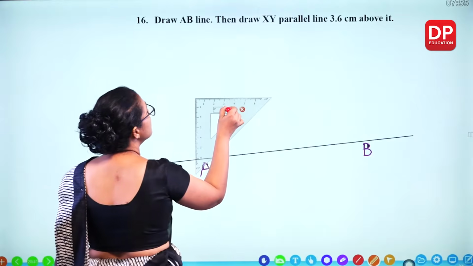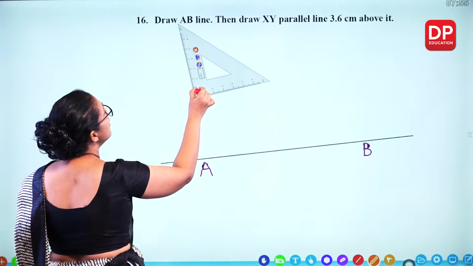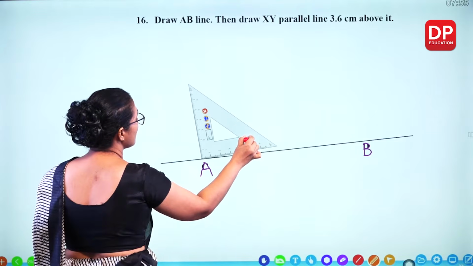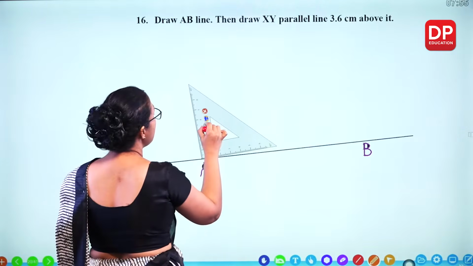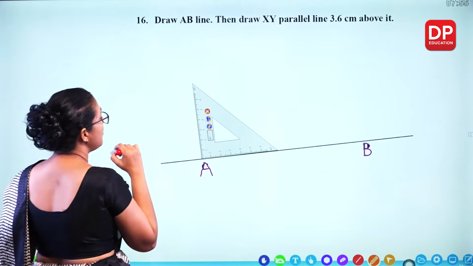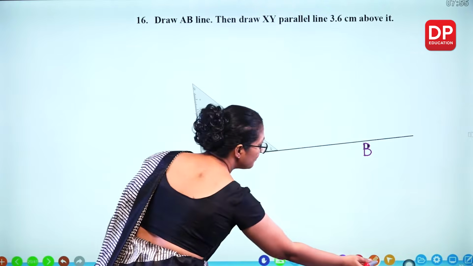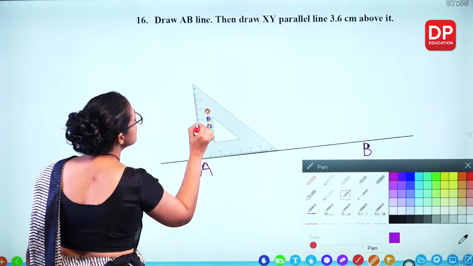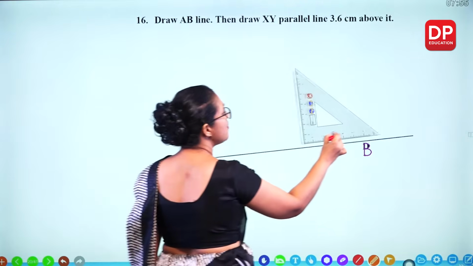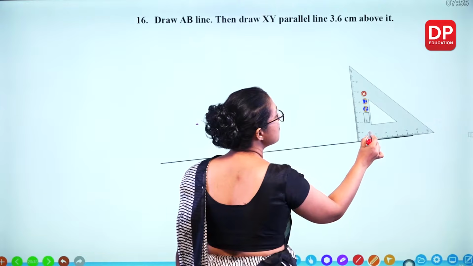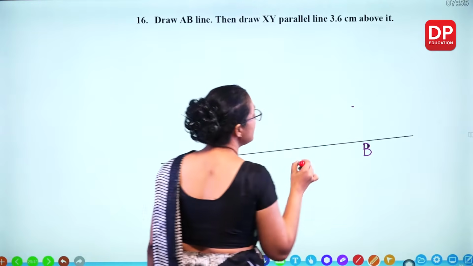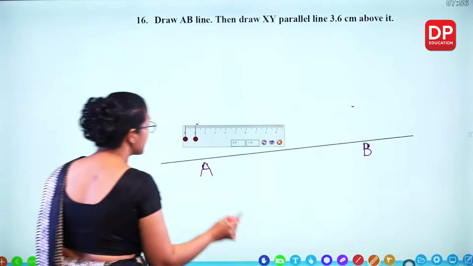So take the set square and keep it on top of this line AB and measure 3.6. 1, 2, 3, 3.6 is here. And you can mark another point above B with the same distance, 3.6. So here. Now you can take the ruler and connect the 2 points.